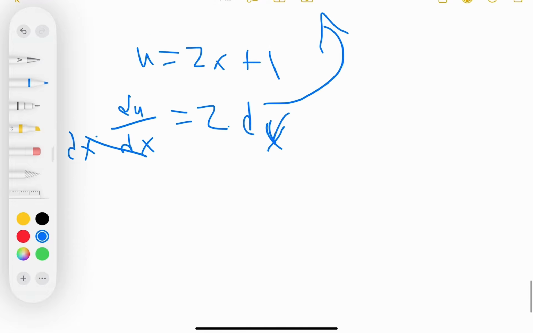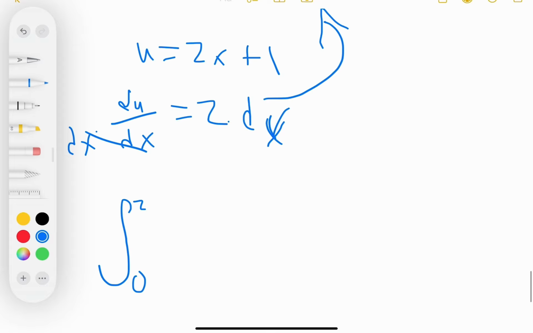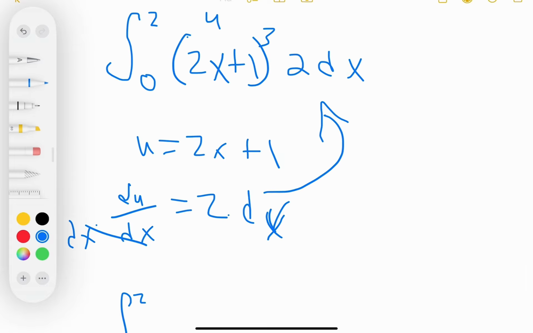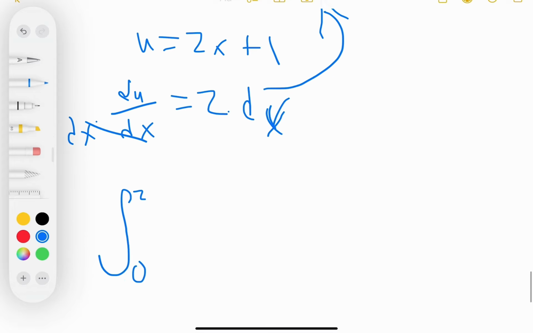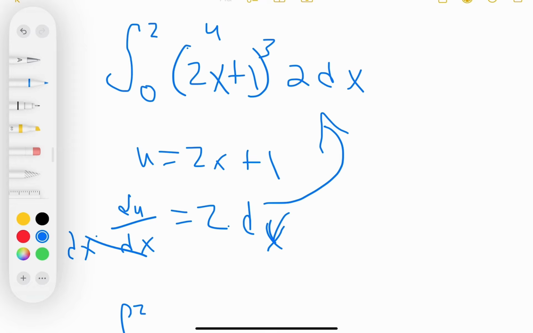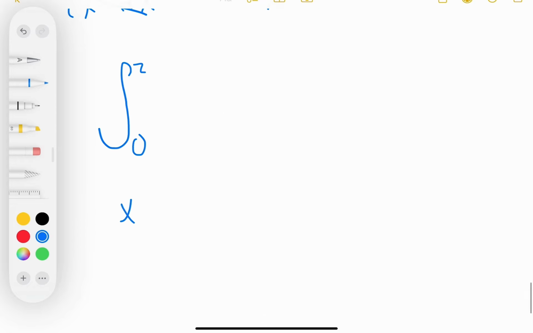Step 2, we want to change our bounds. These are our original bounds, 0 to 2, in terms of x. However, we can replace them using our u function. When x equals 0, u is just 2 times 0 plus 1, which equals 1.